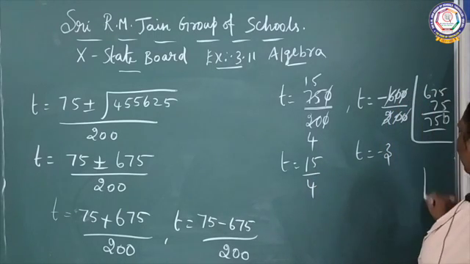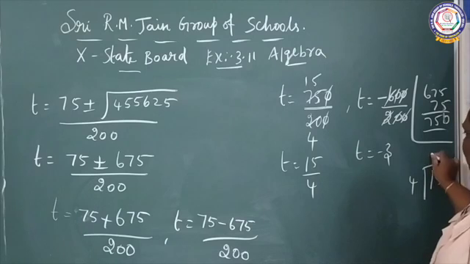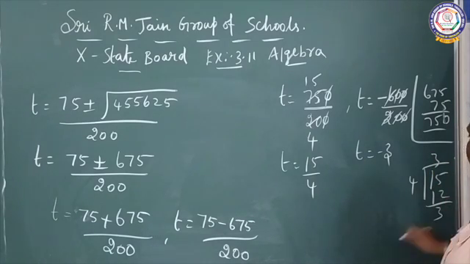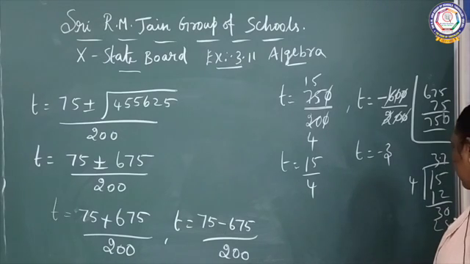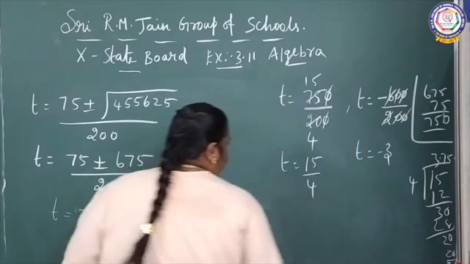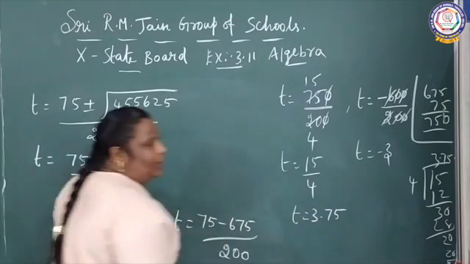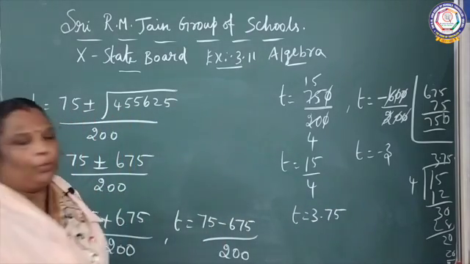If you divide that, what do you get? 4 threes are 12, balance 3. Put the decimal point and a 0. 4 sevens are 28, balance 2, then 20. So t equals 3.75.